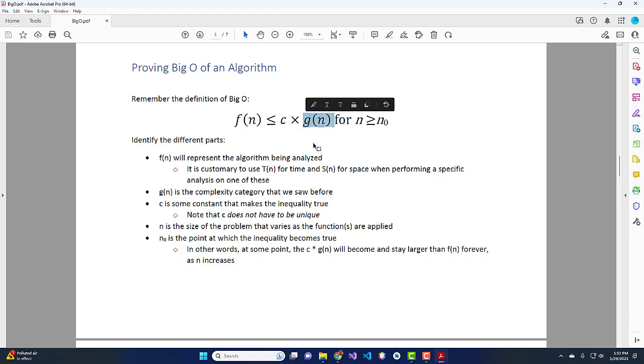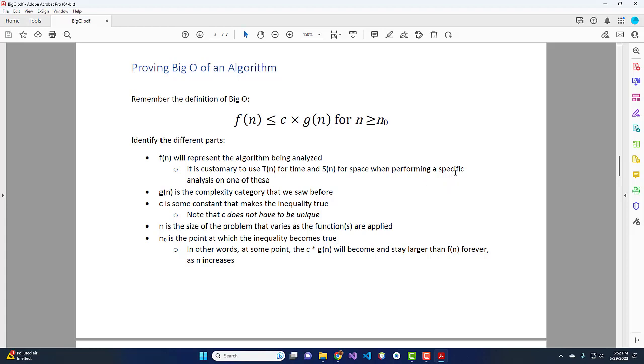That wouldn't be true. So I would have to find a constant that causes this on the right side to actually grow faster than my 2n squared on this side. So you might say 2n squared or 3n squared or 15n squared, and then you would find a corresponding n, or rather n sub naught, that makes that true. So n's the size of the problem, and then n sub naught is the point at which the inequality becomes true.